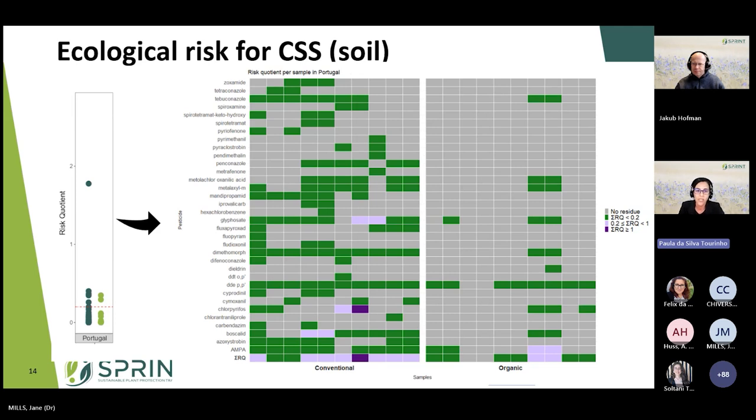But if you look at the last row, you have the cumulative risk. For example, in the first column on the left, all pesticides had their individual risk quotient below the safe level of 0.2. But when you sum them up, the level exceeded the safety level. This shows the importance of considering pesticide mixtures in the risk assessment. Next one, please.